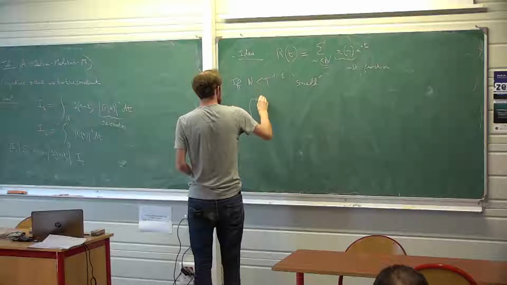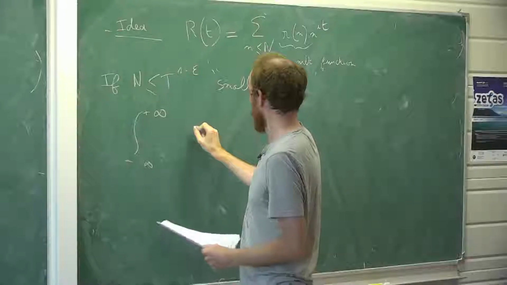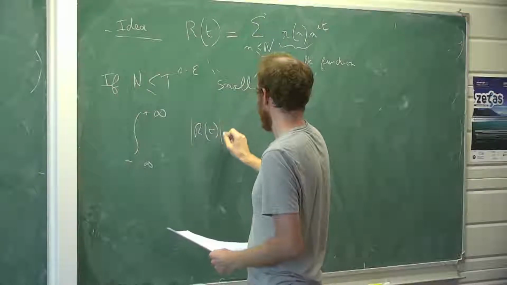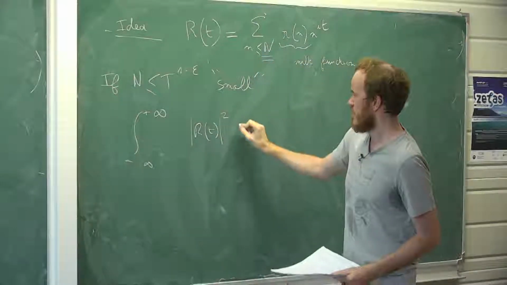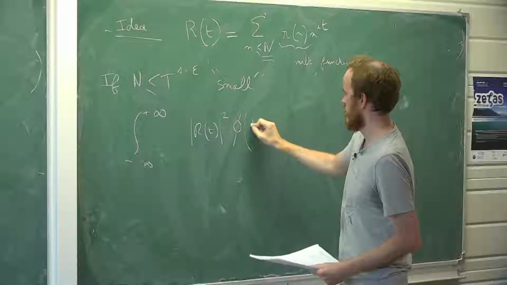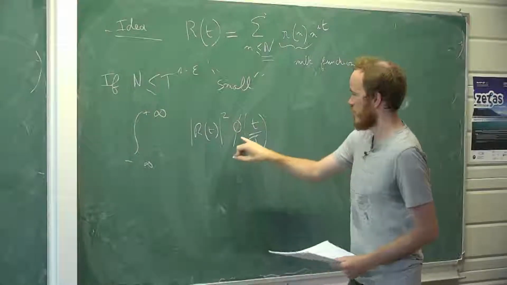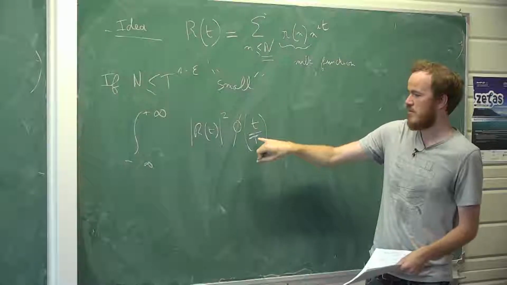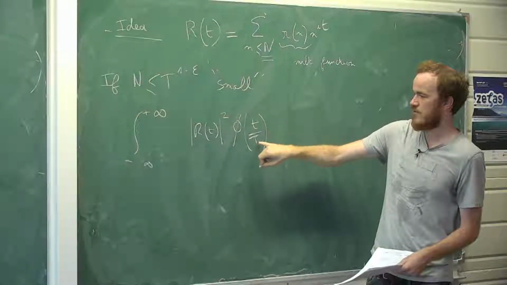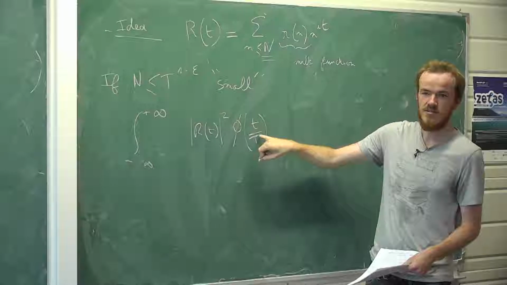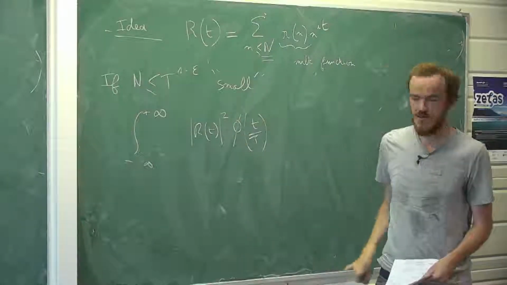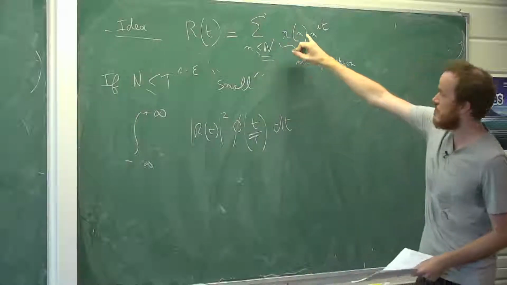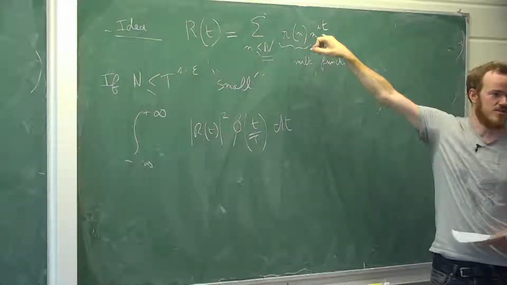Integrating from minus infinity to plus infinity. Let's say now I will take some smooth function with compact support, which is more or less taking values around t, localizing values around t. And I want to evaluate this if I choose r of t of this shape.